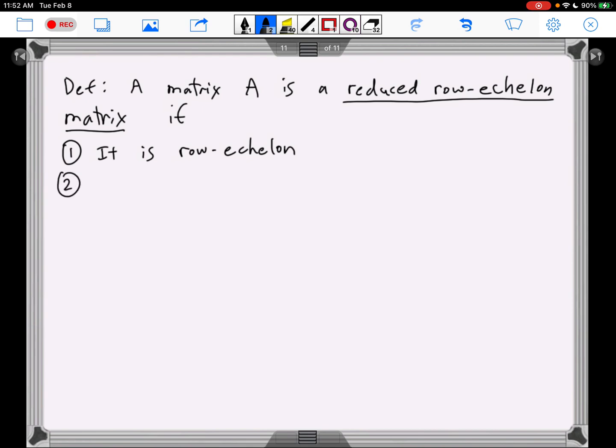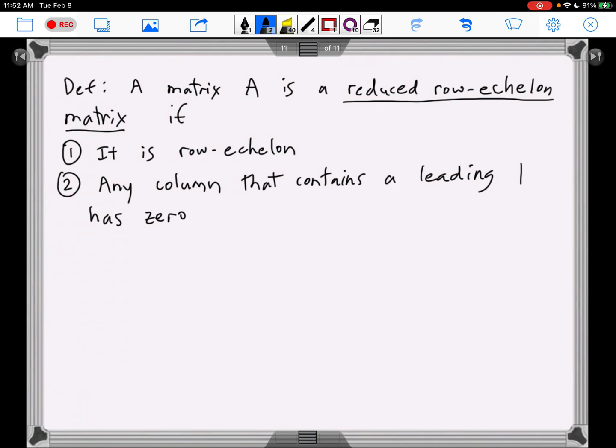And this second condition is the one that is important: any column that contains a leading one has zeros everywhere else.